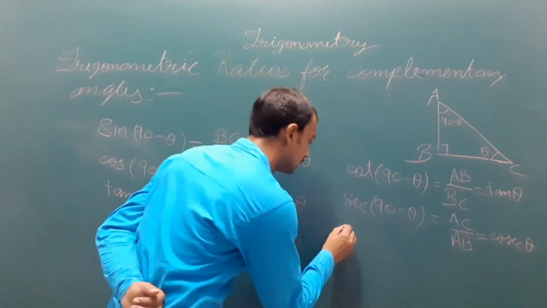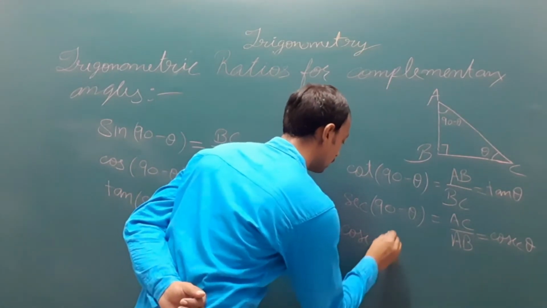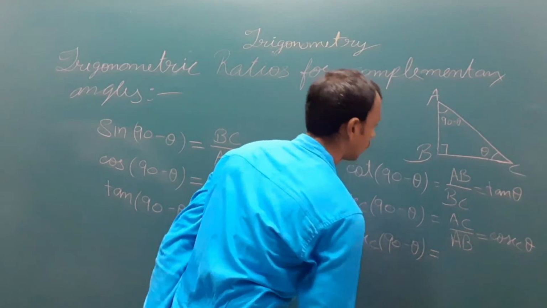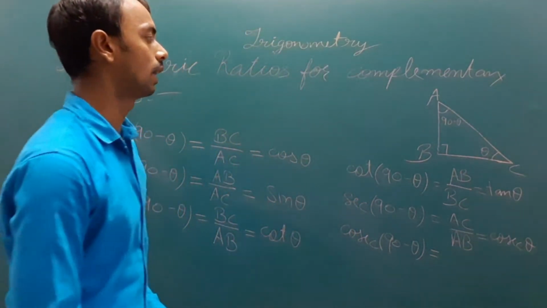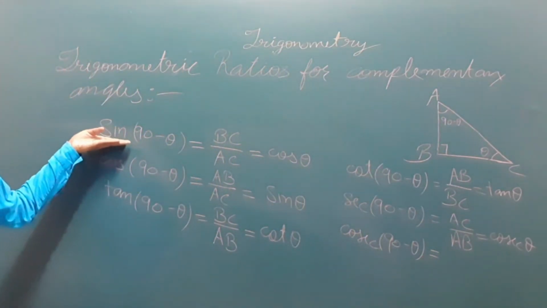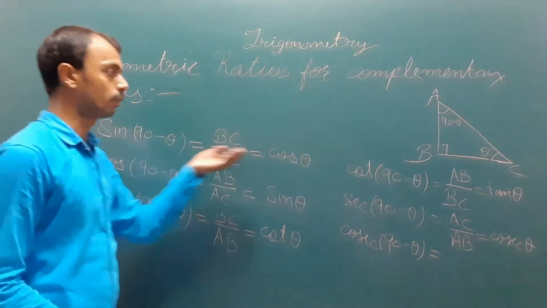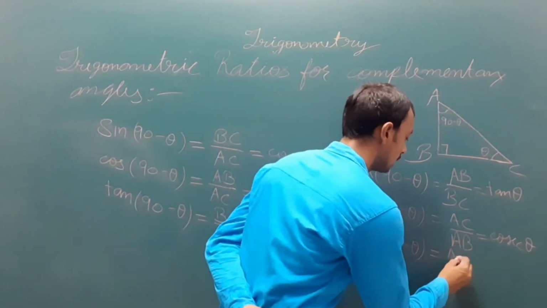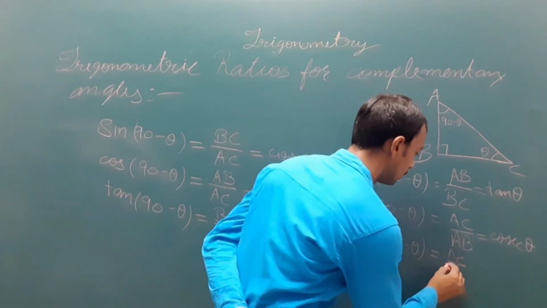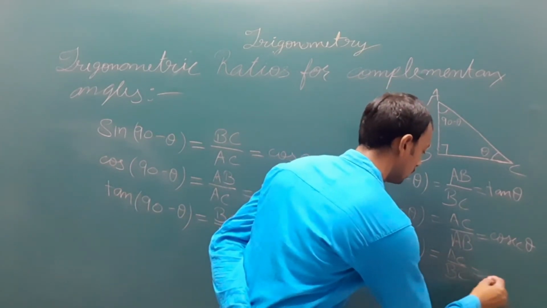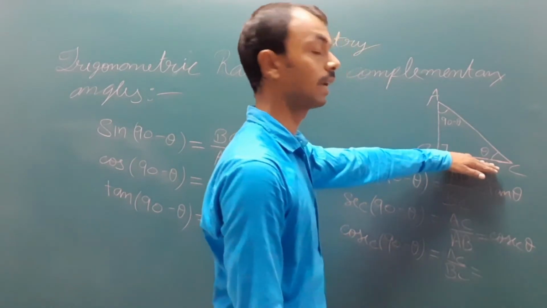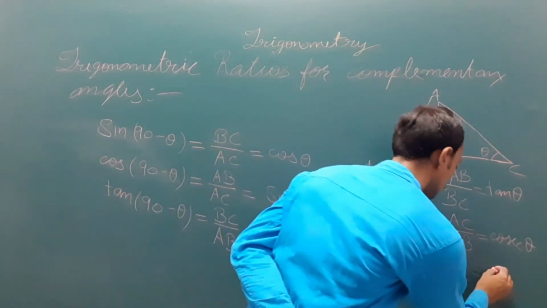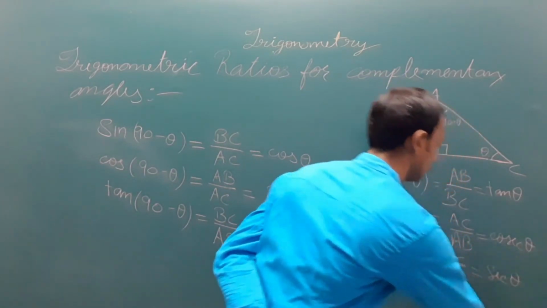Now the last one is cosec 90 minus theta. That is the inverse of sine 90 minus theta, hypotenuse upon opposite side. The hypotenuse is AC and the opposite side is BC. Now BC is adjacent for angle theta, and hypotenuse upon adjacent is sec of theta.